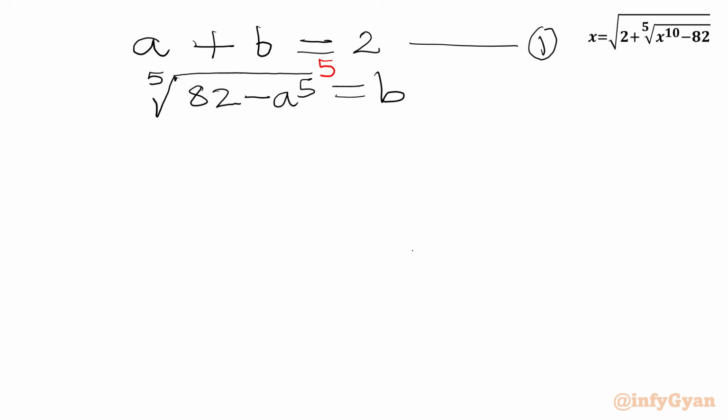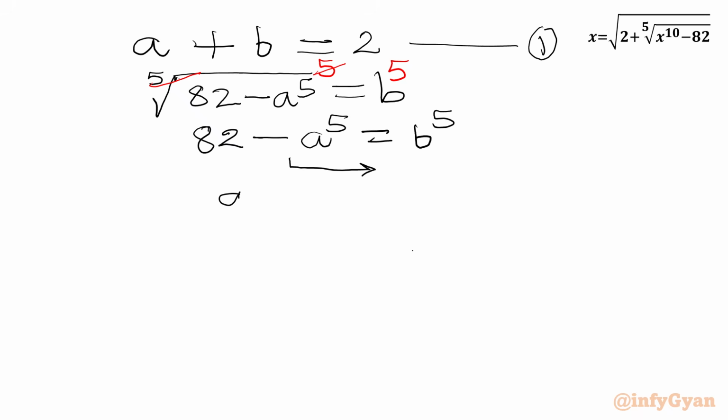Fifth root and power 5 will be over from left hand side. So we will write 82 minus a power 5 equal to b power 5. We can take minus a power 5 to the RHS. So equation will become a power 5 plus b power 5 equal to 82.